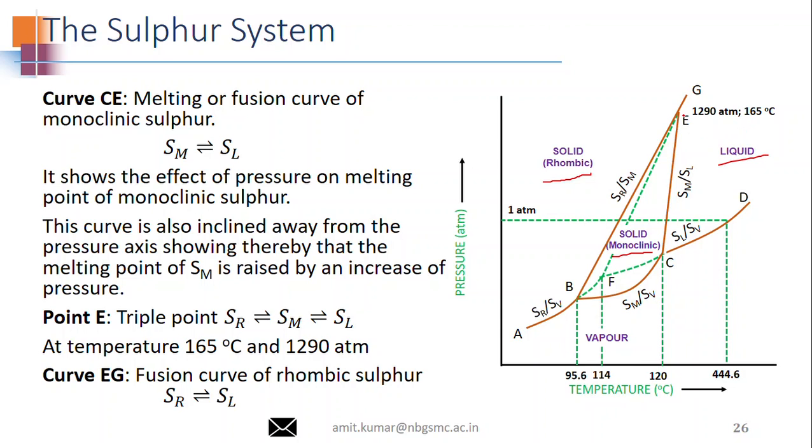This curve EG is called the fusion curve of rhombic sulfur, because by increasing the pressure beyond 1290 atmosphere and increasing the temperature above point E, you will directly convert solid rhombic into liquid state. There will be no transition from rhombic to monoclinic. That is why curve EG is called the fusion curve of rhombic sulfur.